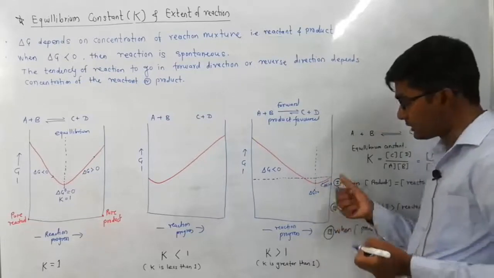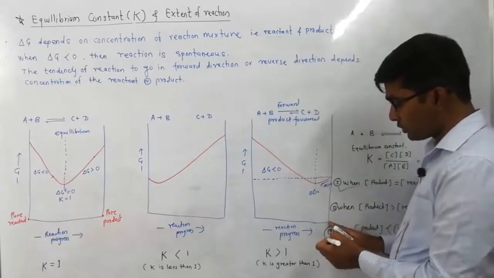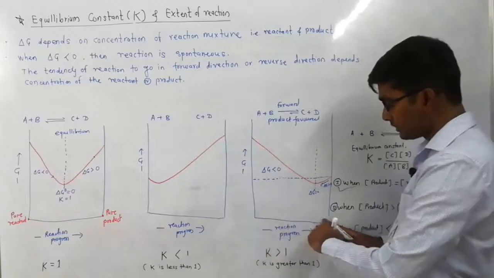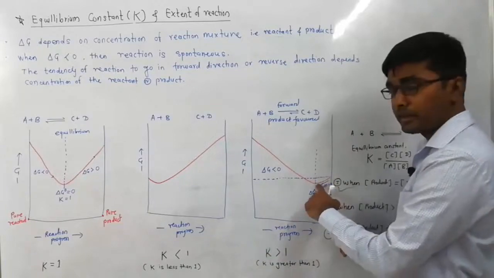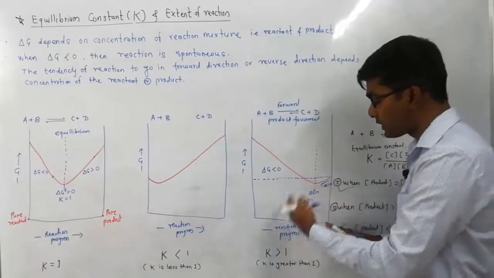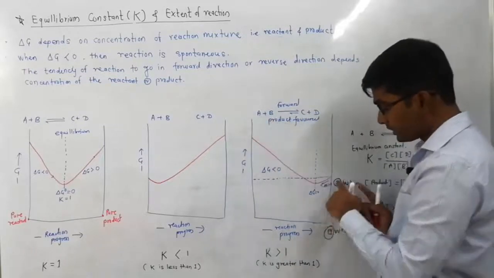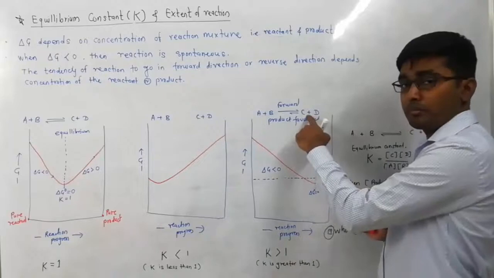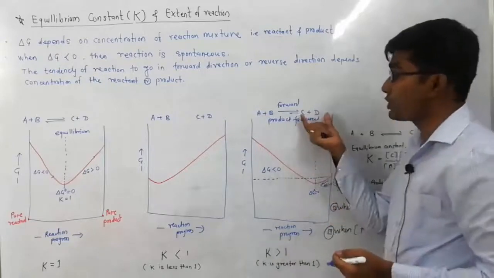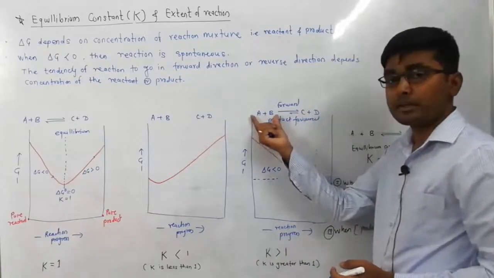It means that this point is pure product and pure reactant. Product will not again convert into the reactant. There is least preference to convert this product into the reactant, because the free energy is more. Products are in this case more stable than the reactant.